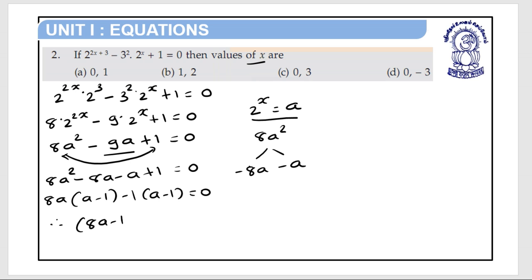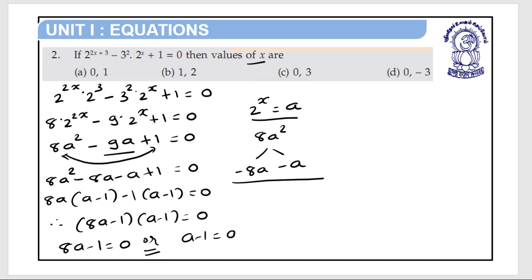So 8a minus 1, a minus 1 is equal to 0. 8a minus 1 is equal to 0 or a minus 1 is equal to 0. So 8a is equal to 1 or a is equal to 1. a is equal to 1 by 8.